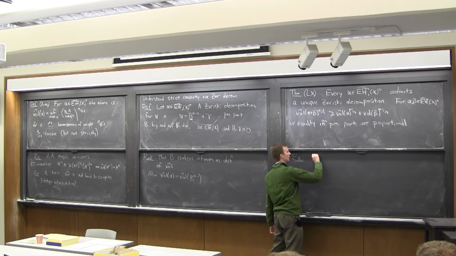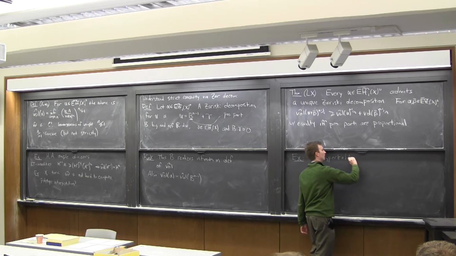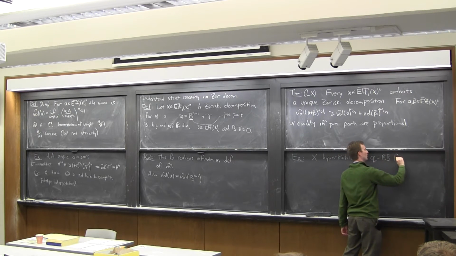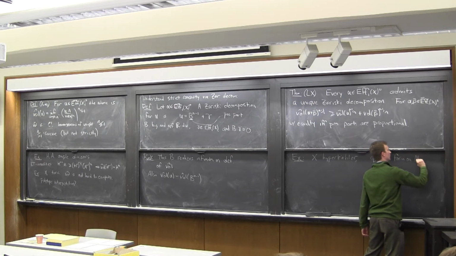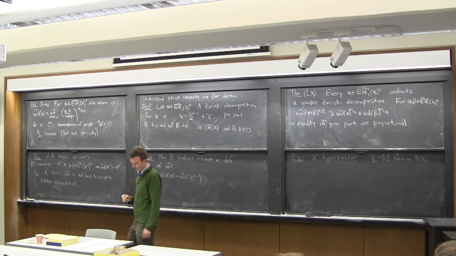So here, let's suppose that X is a hyperkähler manifold. And I'll let Q denote the Beauville-Bogomolov form induced by duality on N1 of X. Okay.